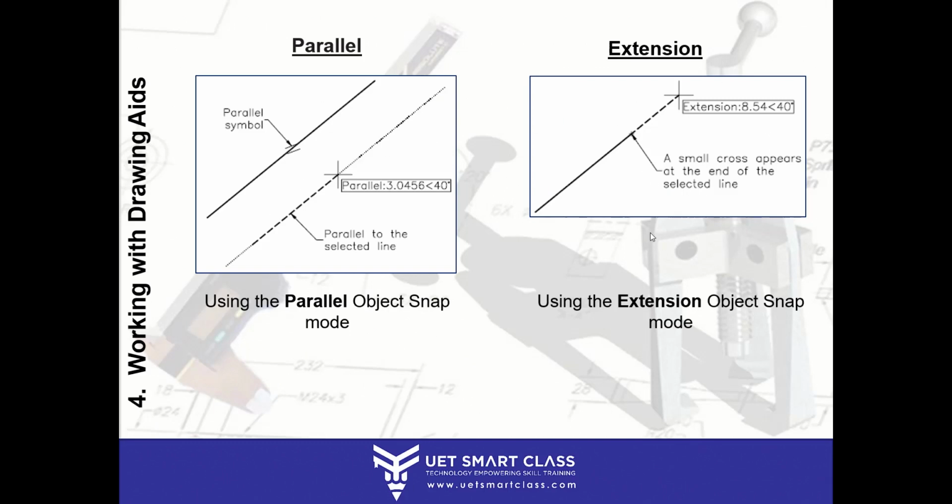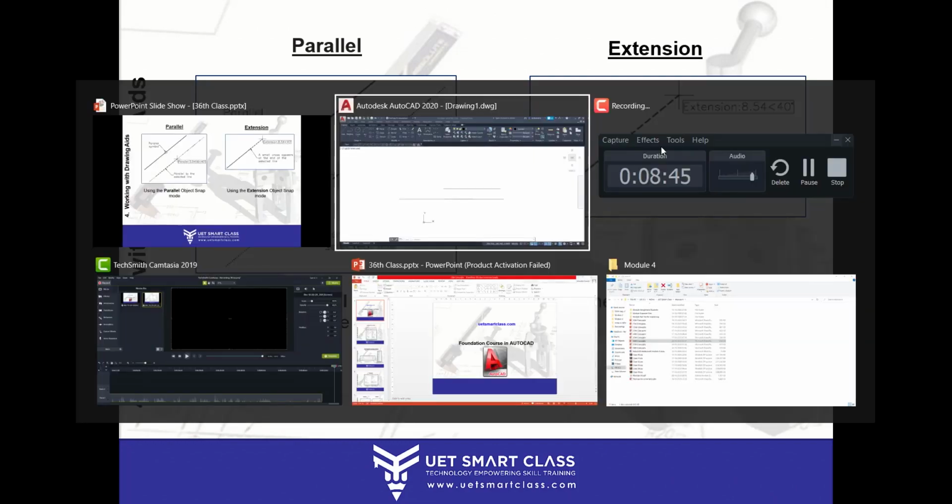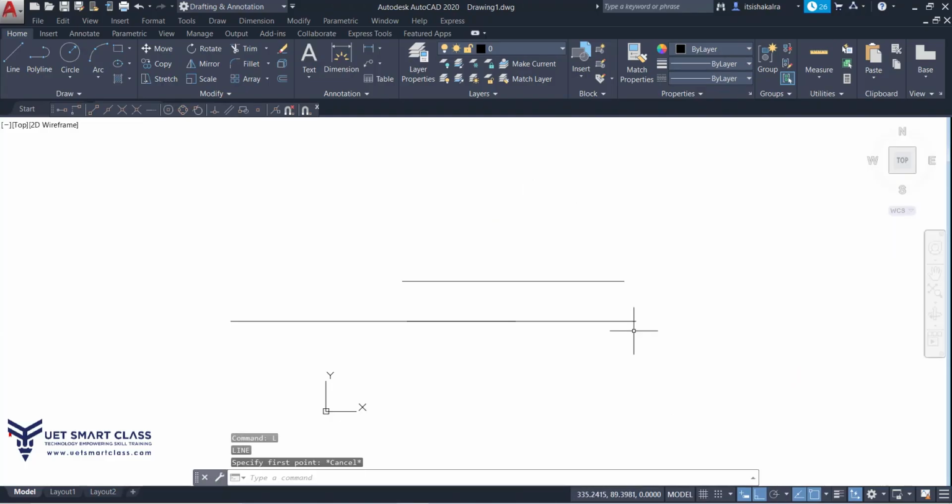And then extension. Extension is basically a small cross that appears on the selected line. For example, I want to draw a line here. I have just invoked my line tool. See, along with my midpoints, there's a small cross sign. If I drag this line, see, this is the extension line.